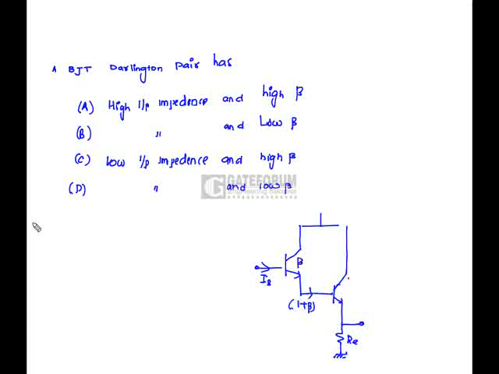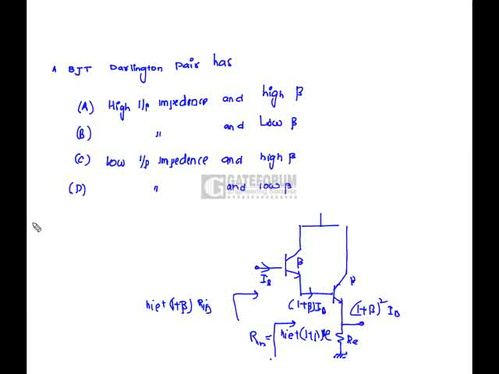If both have a current gain of beta, then this is going to be 1 plus beta square IB. We know that the input impedance is hie plus 1 plus beta into RE. Again, this input impedance is going to be hie plus 1 plus beta times RE. This input impedance is Rin.